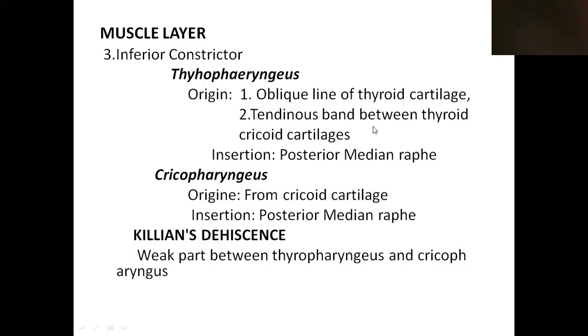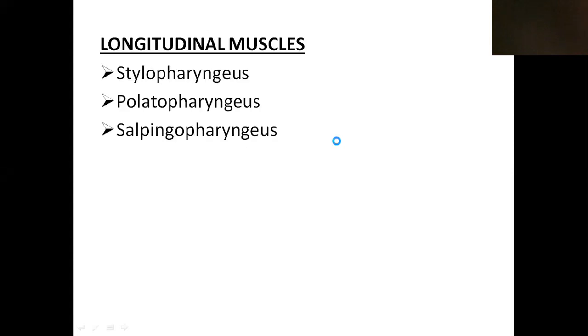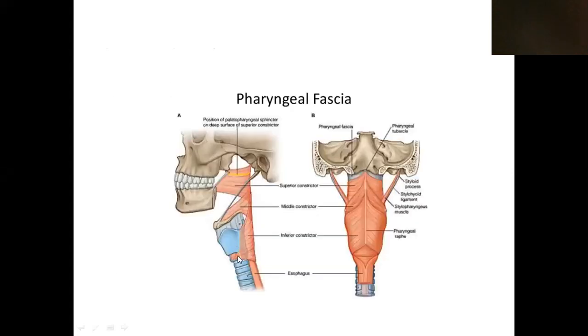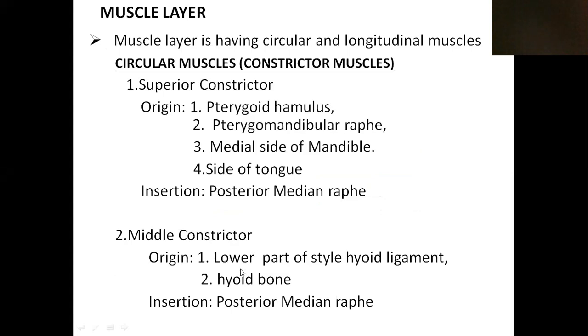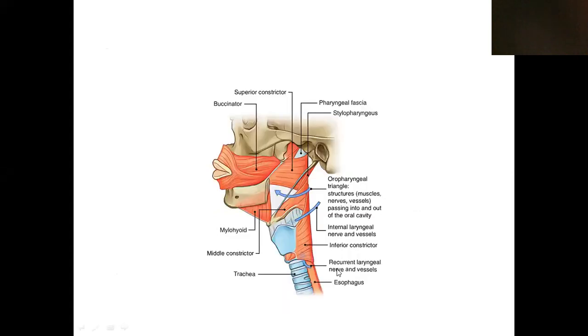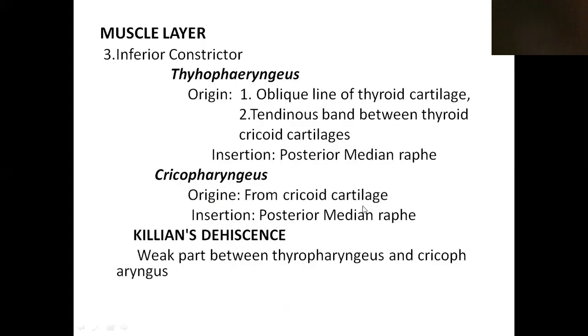Okay, so a tendinous band between the thyroid and the cricoid cartilages. There is a band which connects the thyroid cartilage to the cricoid cartilage. So thyropharyngeus muscle fibers are arising from the thyroid cartilage and that fibrous band. Cricopharyngeal muscle fibers are arising from the cricoid cartilage.